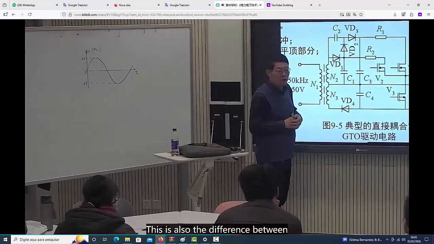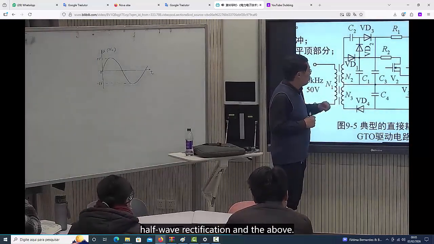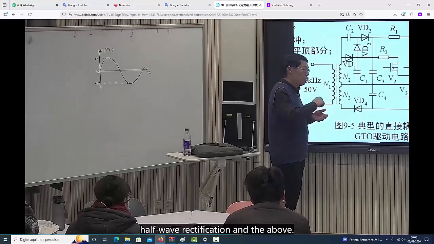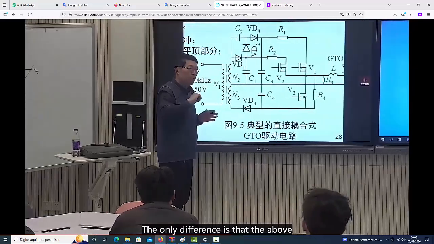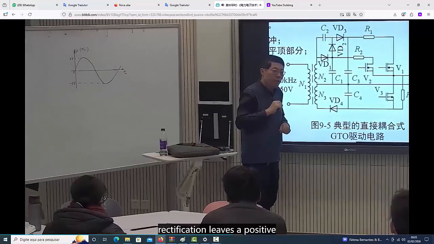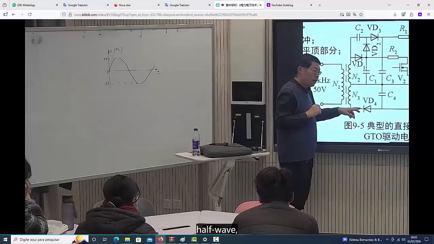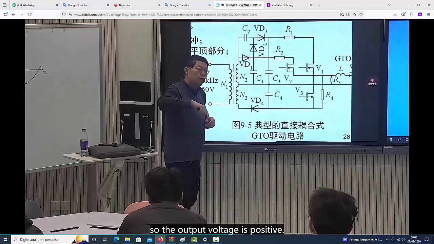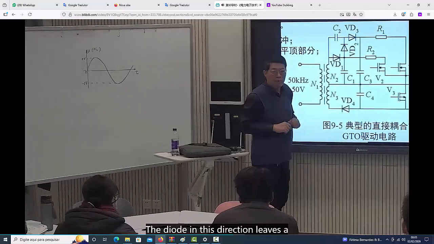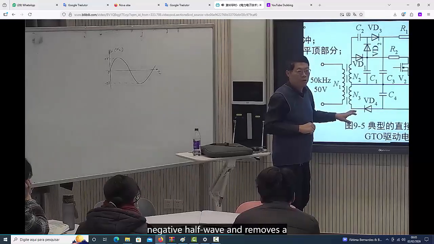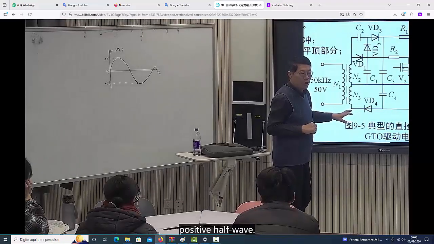This is also the difference between half-wave rectification and the above. The only difference is that the above rectification leaves a positive half-wave and removes a negative half-wave, so the output voltage is positive. The diode in this direction leaves a negative half-wave and removes a positive half-wave.